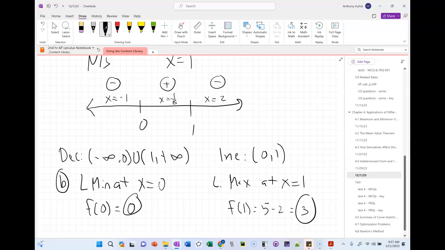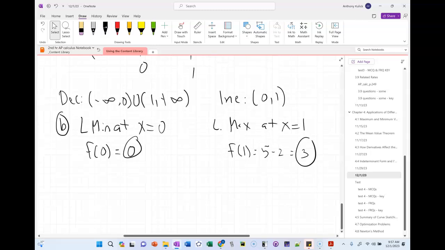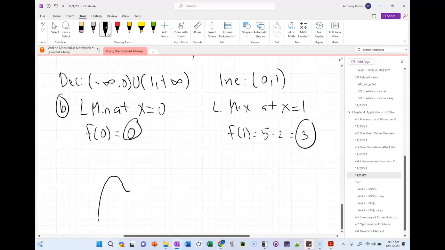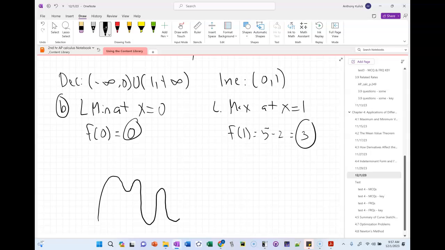You can't just plug it in to begin with. You have to look at the sign chart to tell if it's a max or min. They could both be 7, and one could be a local minimum, and the other could be a local maximum. You could have something that does this, and then something that does that, right?